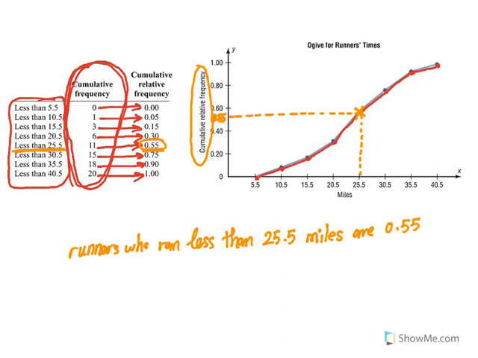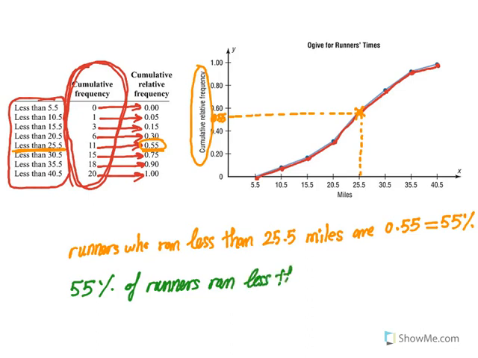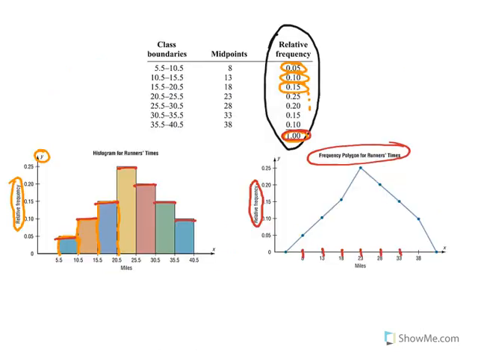So 0.55, which is 55%. This is not a nice way of saying it. A better way of saying it is that 55% of the 20 runners ran less than this number, the 25.5.